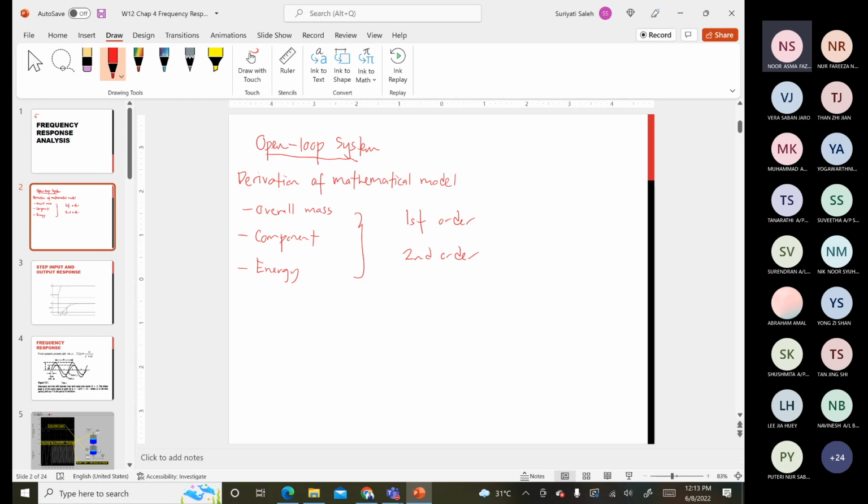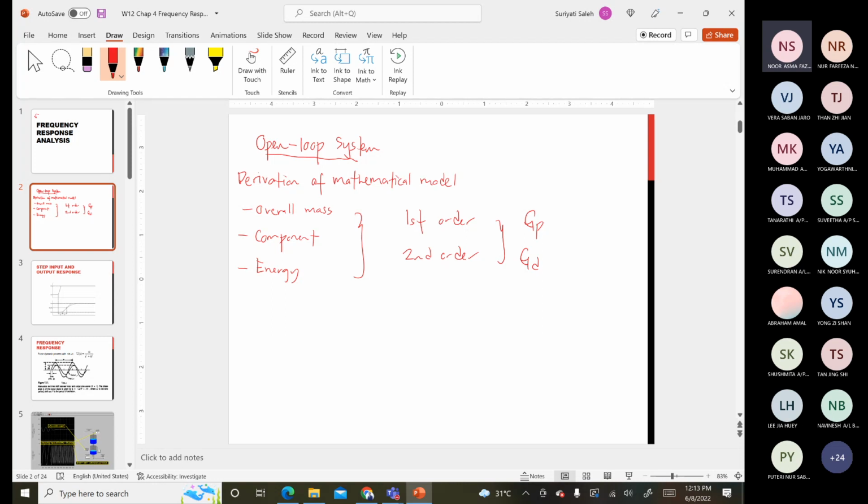So this is known as an open loop because here, based on the first order or second order transfer function, you may get the GP and GD, process transfer function and disturbance transfer function. So where the process transfer function here represent normally the variable that you want to control.